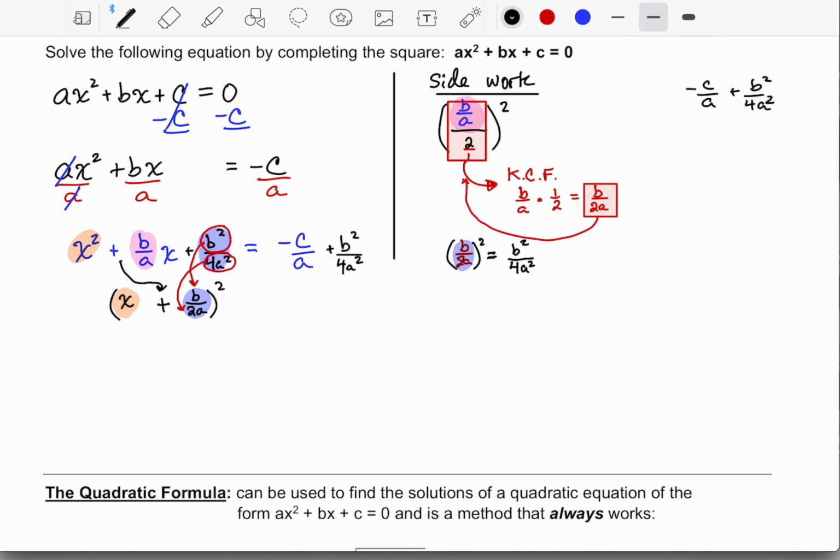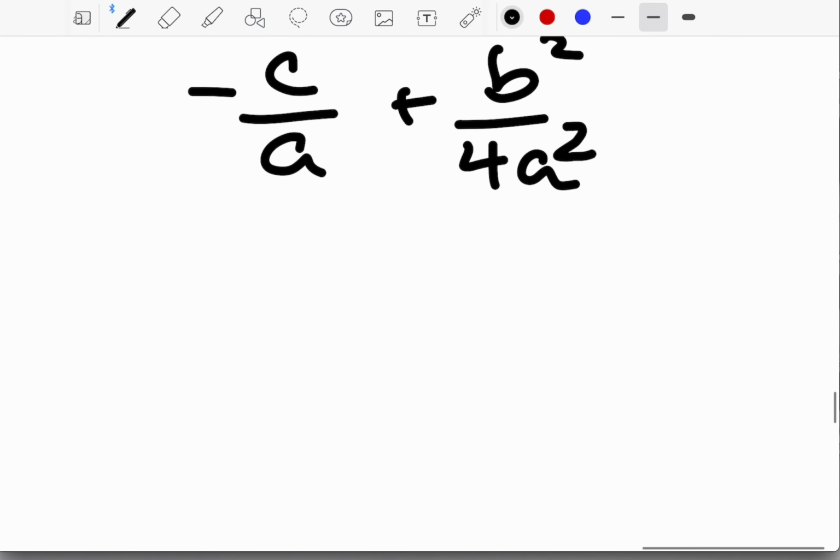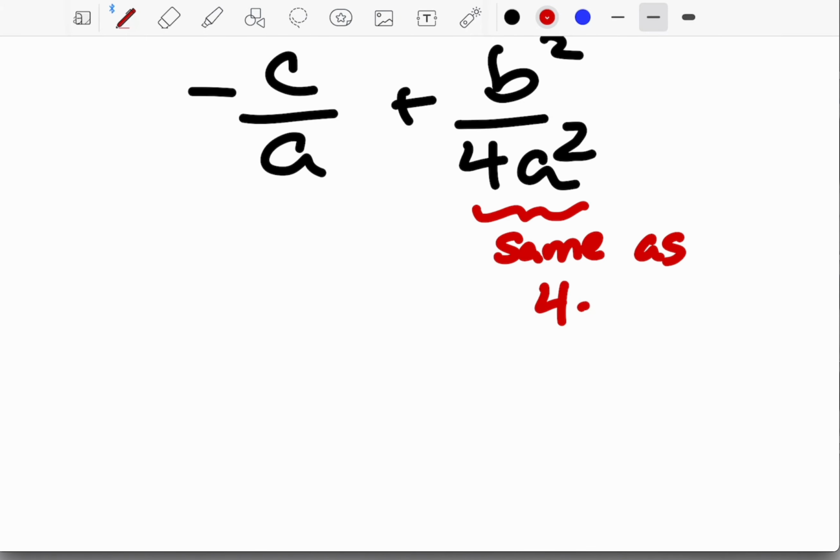So I look at the ingredients that make up a 4a squared. 4a squared is the same as 4 times a times a. So looking at my other fraction, I see that I only have a single a. So I need another 4 and I need another a.